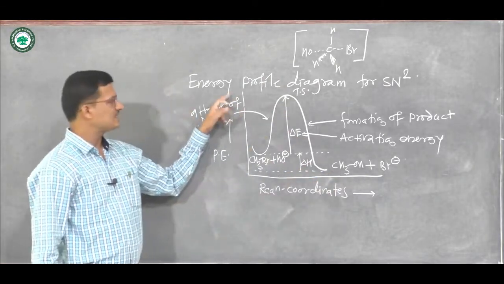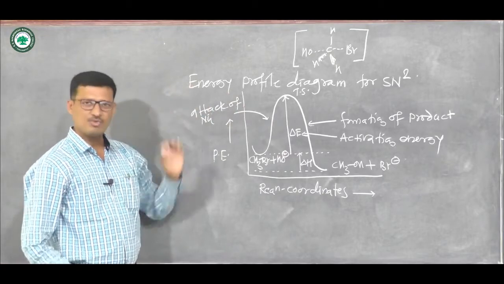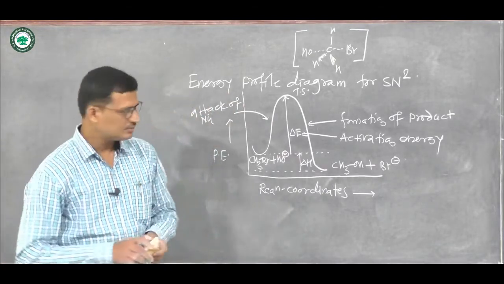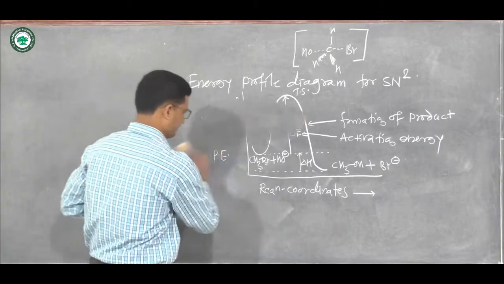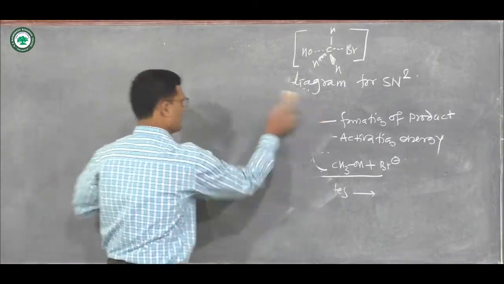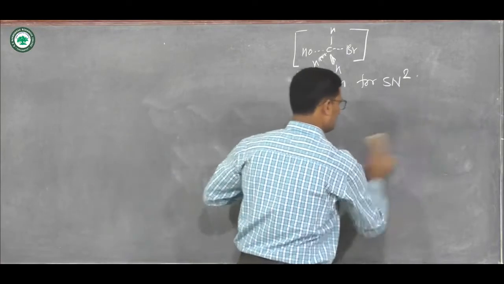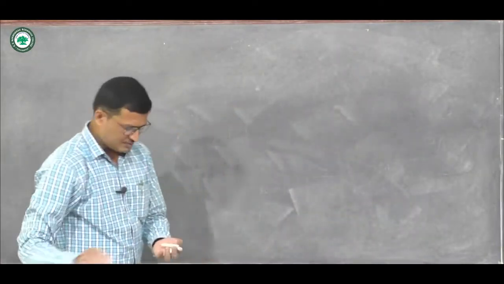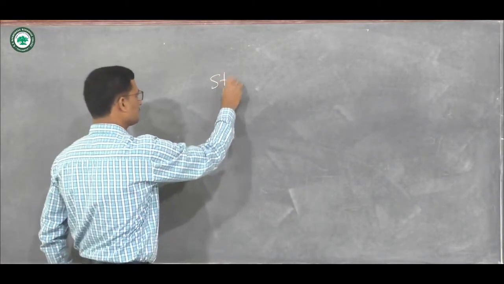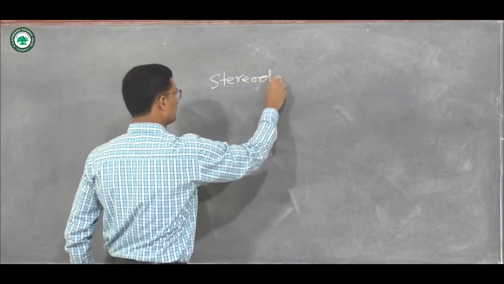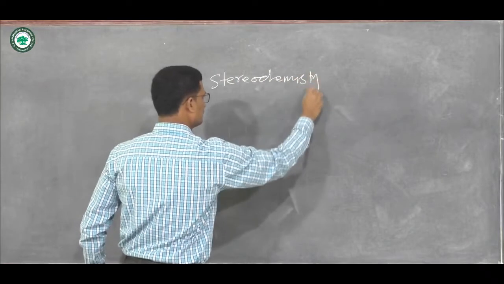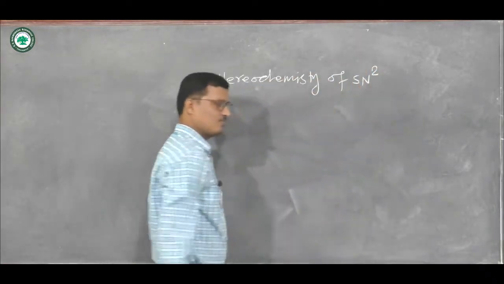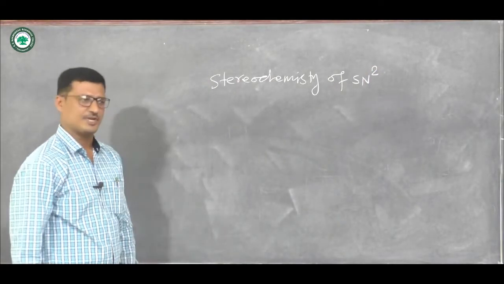So this is the energy profile diagram for the SN2 reaction. Then we want to know the stereochemistry of the SN2 reaction. So what is the stereochemistry of SN2 reaction?